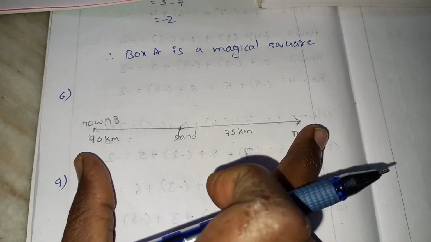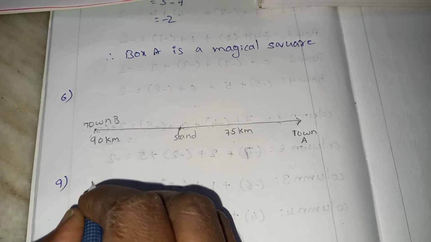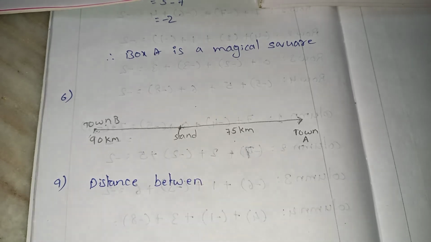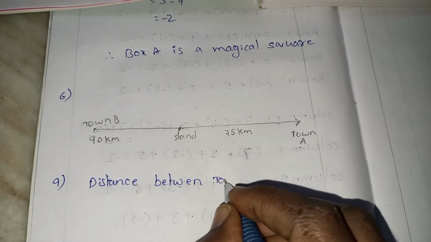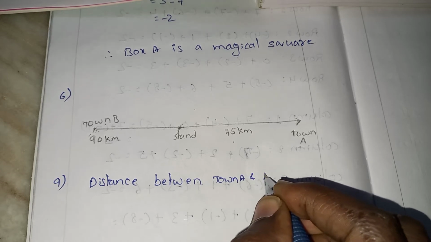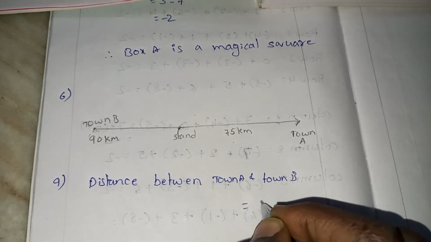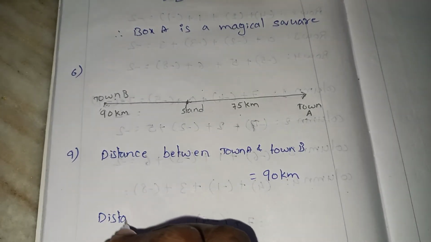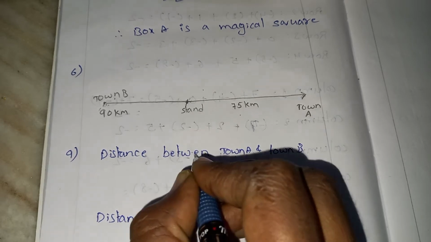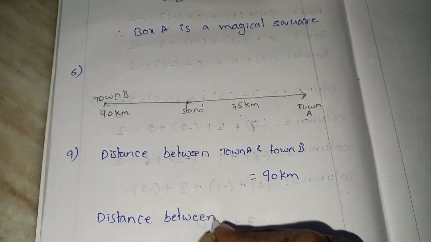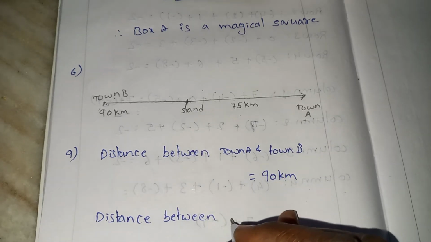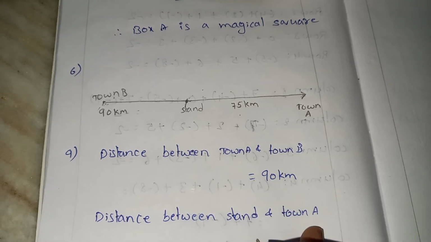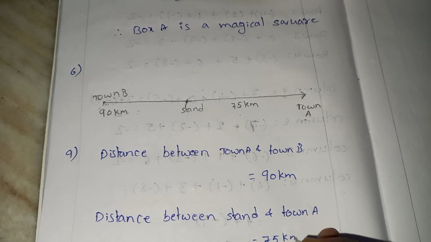Okay, so I'm going to write the distances first. Distance between town A and town B is equals to 90 kilometers. Now, distance between stand and town A is equals to 75 kilometers.